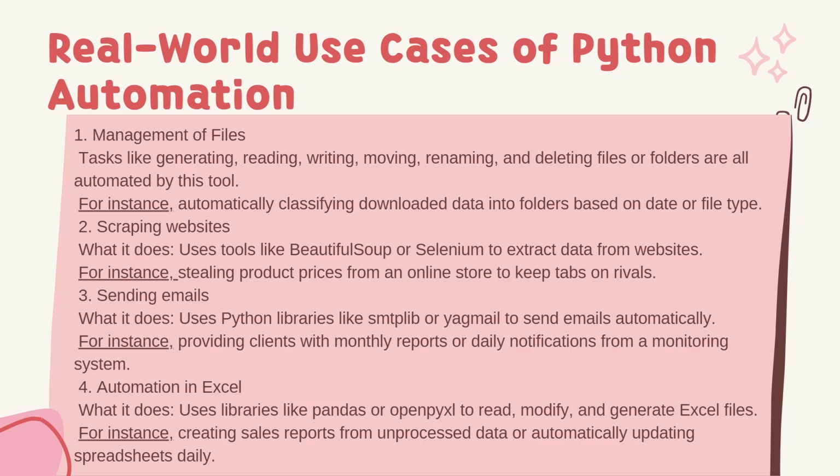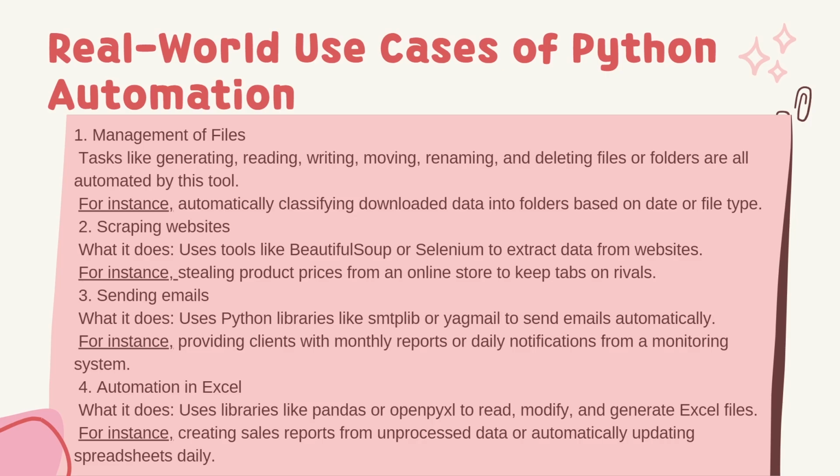Number three is sending emails. What it does is that it uses Python libraries such as SMTPlib or Yagmail to send emails automatically. For instance, providing clients with monthly reports or daily notifications from a monitoring system. Number 4, automation in Excel.